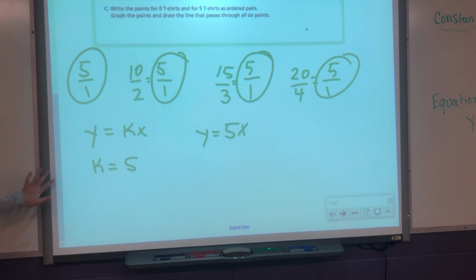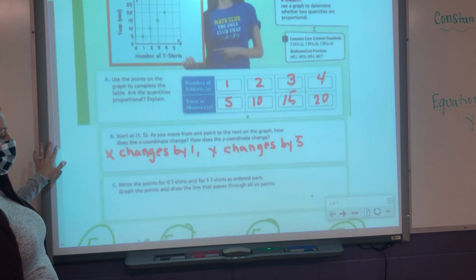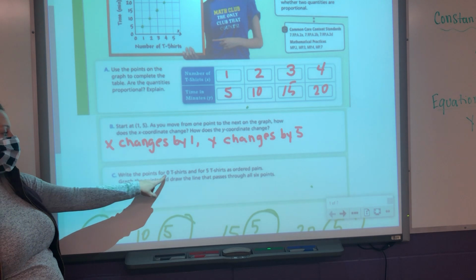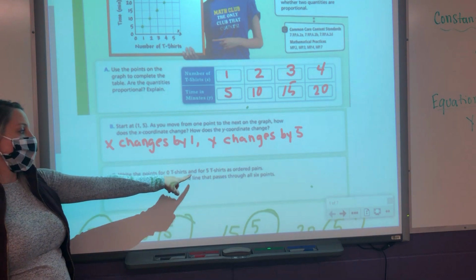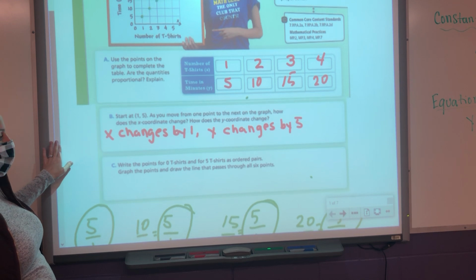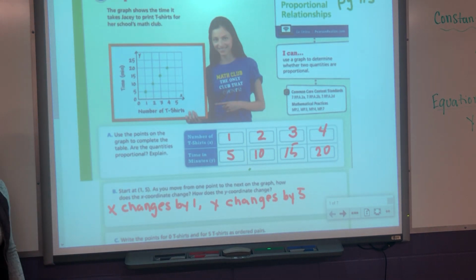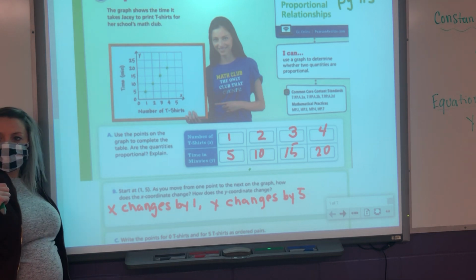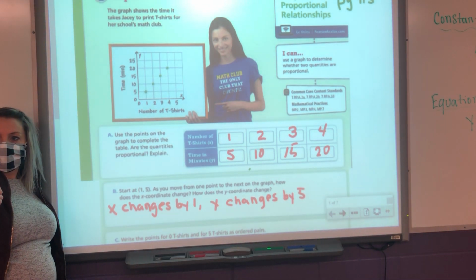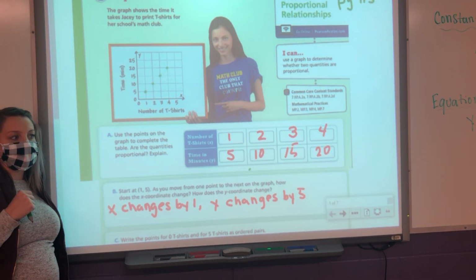Okay, now, the last thing that they ask you to do is write points for 0 t-shirts and for 5 t-shirts, and graph the points and draw a line that passes through all 6 points. So if we make 0 t-shirts, where's our point going to be on our graph?